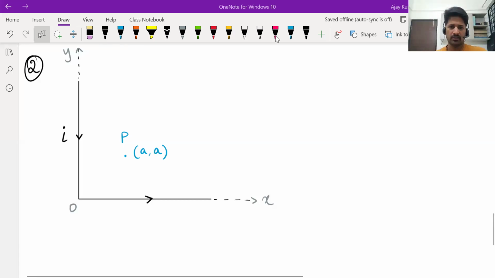Okay, I got another answer as 2 plus root 2 times mu naught I by 4 pi a.